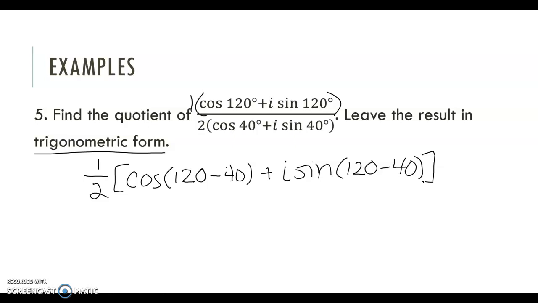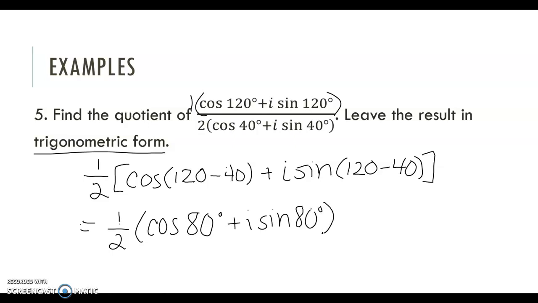Okay, now we're going to simplify everything. 1/2 will just stay 1/2, and cosine of 80 degrees plus i sine of 80 degrees.